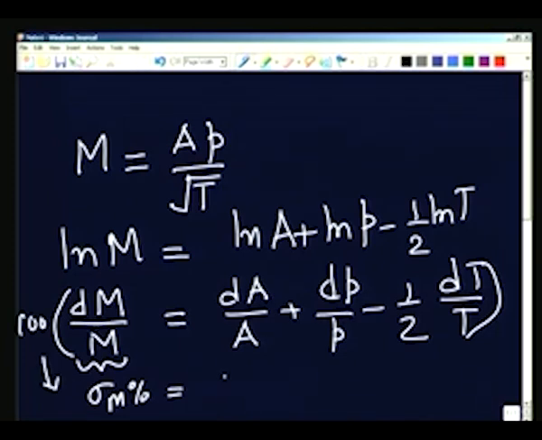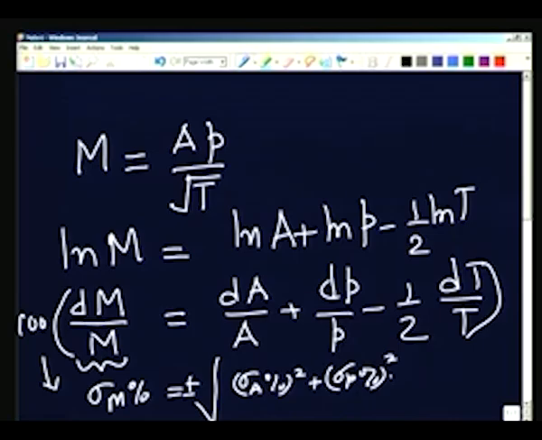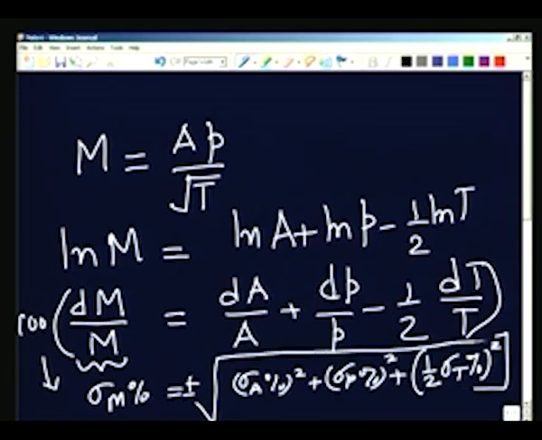This will become square root of, plus or minus, of course, sigma a percent whole squared plus sigma p percent whole squared plus half of this, half is coming because of the influence of this term is limited to that, sigma t percent whole squared. That is what we are trying to work out.